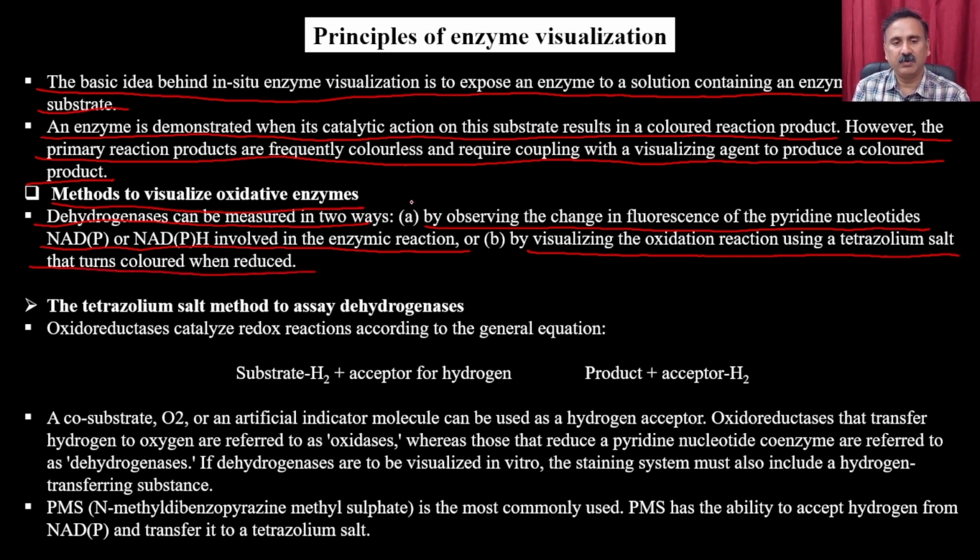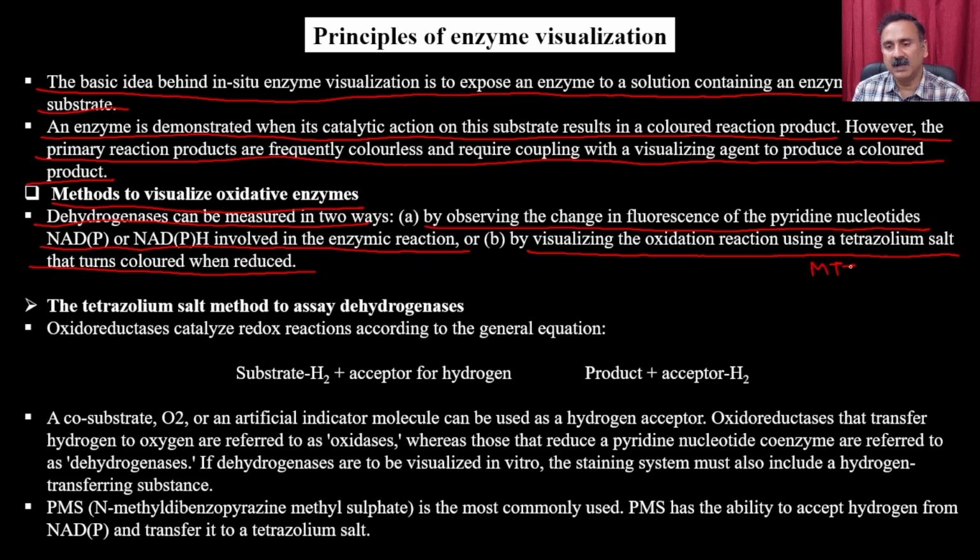So you can use either of these methods to monitor the dehydrogenases that are present in the gel. Either you can use the fluorescent method to see how the NADH or NADPH is getting reduced, or you can perform the reactions, and then you can use the tetrazolium salt.